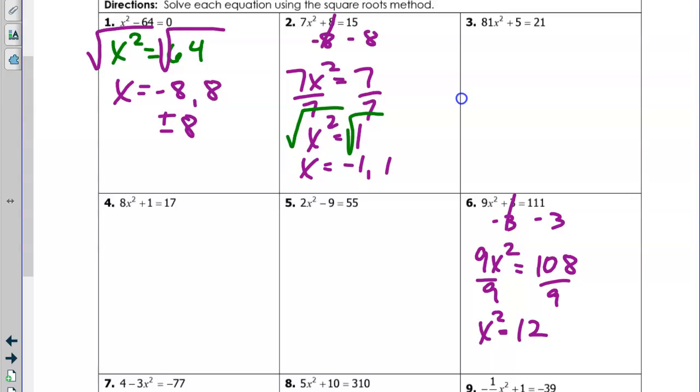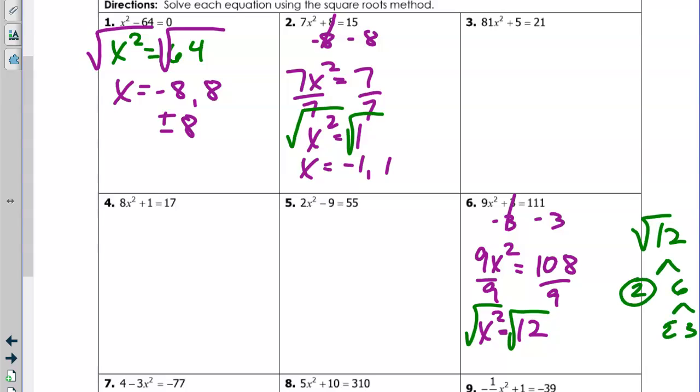See, now it's not a perfect square, so you're reducing your radical. We're going to take the square root of both sides. So if you want, I heard 2 and 6. 2 and 3. Those are my buddy pairs. If there's 2 twos, would that be considered a pair? Yes. That's good. So these 2 and a square root of 3.